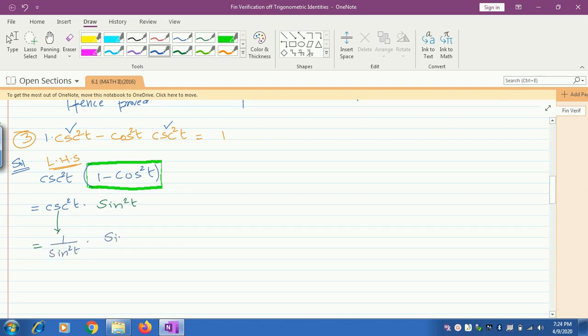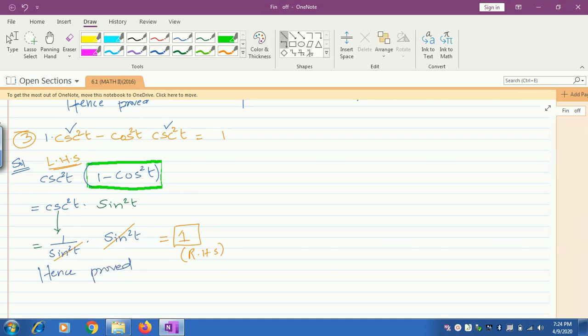Here you have sine square t. Now the sine square t cancels with sine square t. So the remaining is equal to 1. So this is your right hand side. Hence proved.